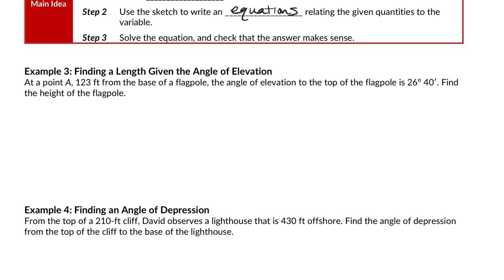It says at point A, which is 123 feet from the base of a flagpole, the angle of elevation to the top of the flagpole is 26 degrees, 40 minutes. Find the height of the flagpole. So here's what my example might look like. This is the flag.